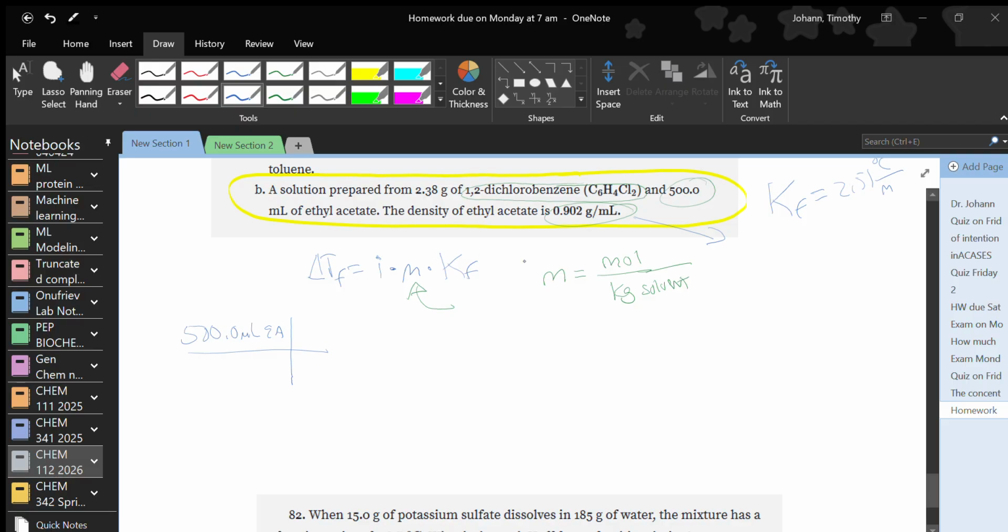So this tells me if I look at my density here, if I have 1 milliliter, then I have 0.902 grams of ethyl acetate. Does that make sense, what I just did there? All right, and milliliters cancel with milliliters. And then I need to use the formula weight, or the molecular mass, to turn this into moles. So I'll have to calculate that.